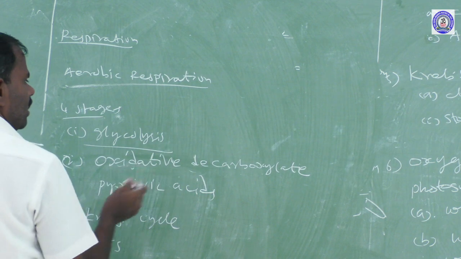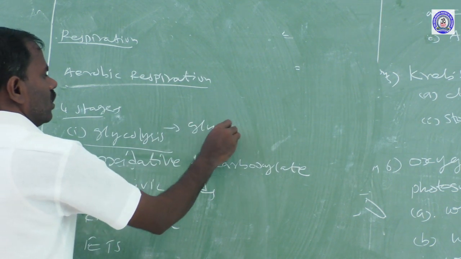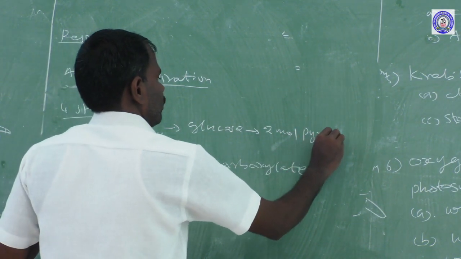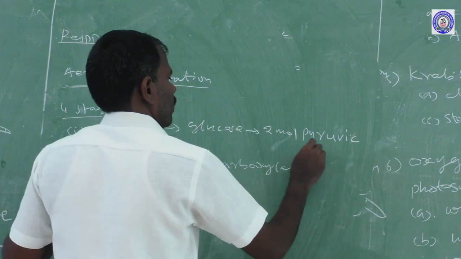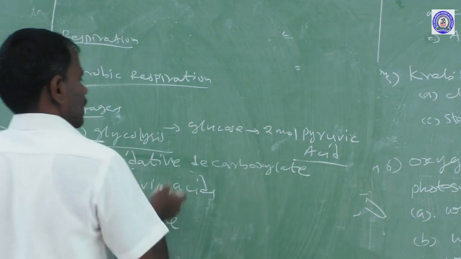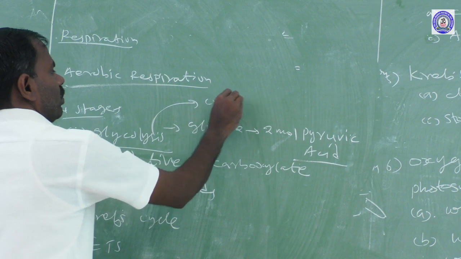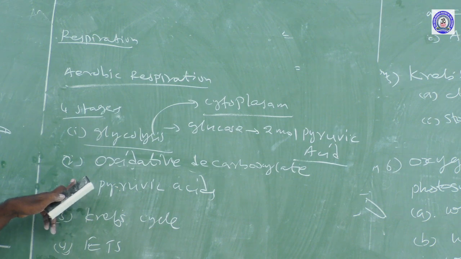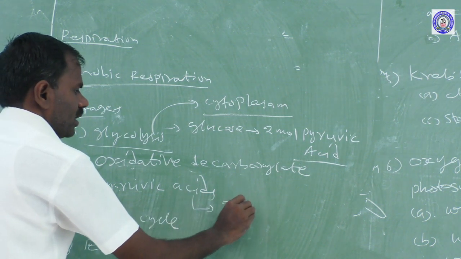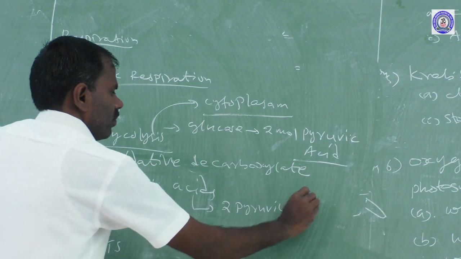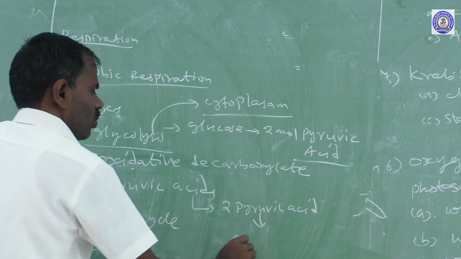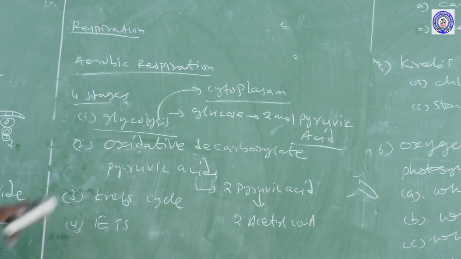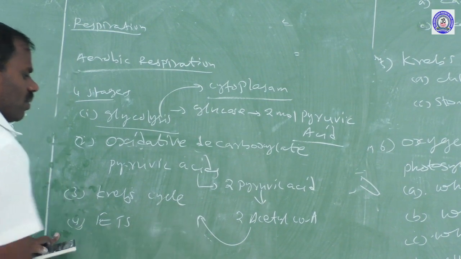In glycolysis, glucose is converted to 2 molecules of pyruvic acid. This glycolysis occurs only in the cytoplasm. In oxidative decarboxylation, 2 molecules of pyruvic acid are converted to 2 molecules of acetyl coenzyme A. This acetyl coenzyme A enters the Krebs cycle.